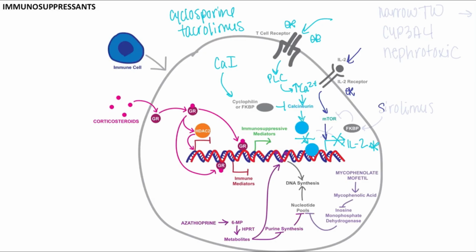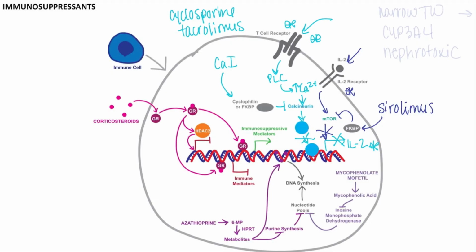Well, sirolimus will bind the immunophilin FKBP and form a complex that will bind mTOR and inhibit its kinase activity, preventing its downstream effects. So as a bonus, the signaling cascade is also important for B cell proliferation, so this will have an effect on this additional immune cell population.